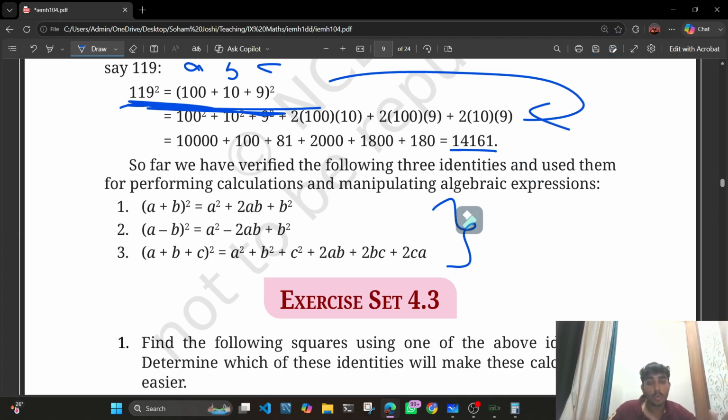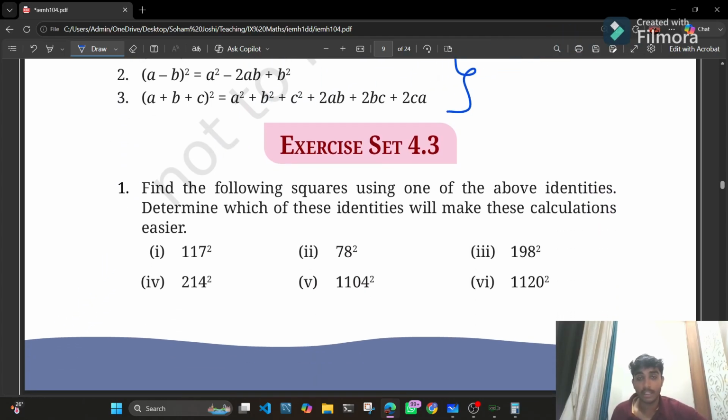If you do not remember it in your exam, you can derive the identity again using the expansion. First we have (a + b) whole square, that is a square plus 2ab plus b square. Then (a - b) whole square, that is a square minus 2ab plus b square. Then the third identity was (a + b + c) whole square is equal to a square plus b square plus c square plus 2ab plus 2bc plus 2ca.